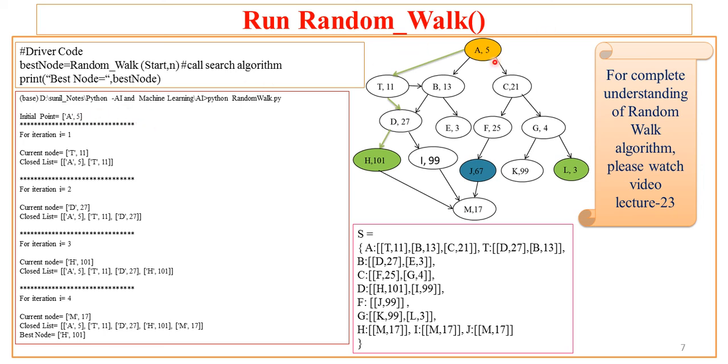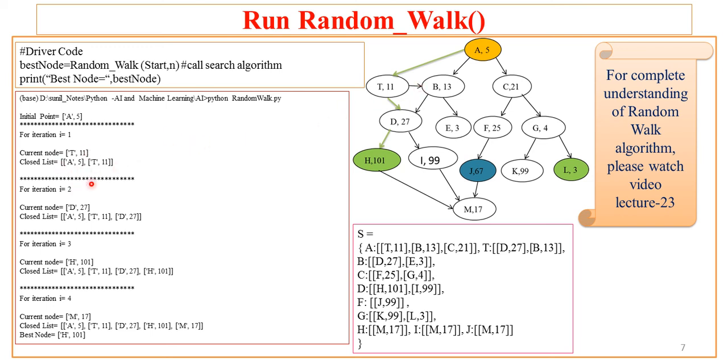It has been given A as the initial point, and in the first iteration, among the children of A, that is T, B and C, fortunately the random function returned T, so that current node is T, and the best node seen so far is T. So the nodes visited so far are A and T, which is maintained in the closed list.